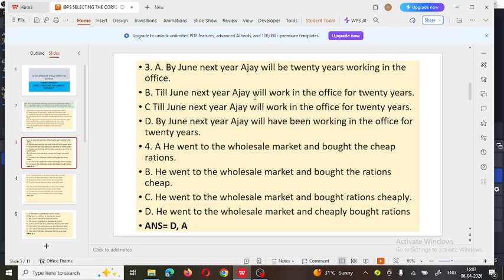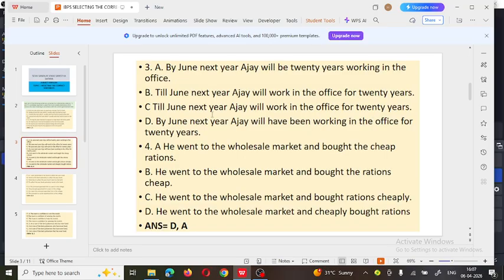But here only future tense is used. Simple future tense is given here. Ajay will work, or here, till June next year Ajay will work in office for 20 years. Now, while delivering the sentence, the work or the task done by the subject is continued. So the sentence must be in a future perfect continuous tense.